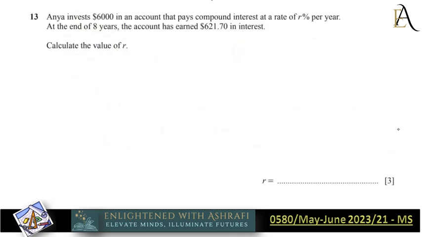Question number 13. Anya invests $6,000 in an account that pays compound interest at a rate of r% at the end of 8 years. The account has earned $621.70. That means it is telling us that this is the interest amount.